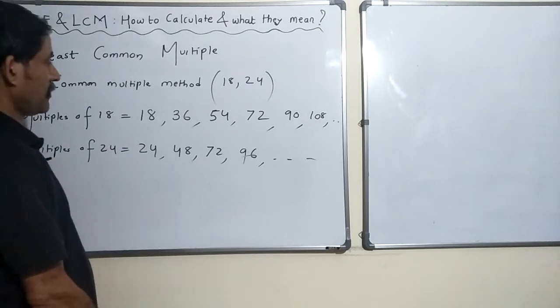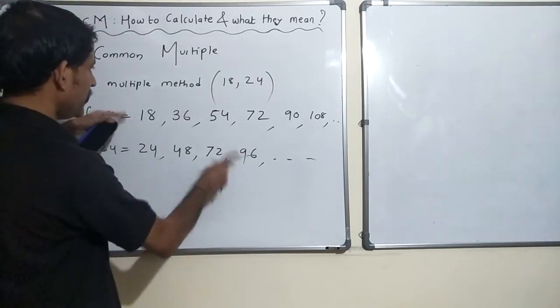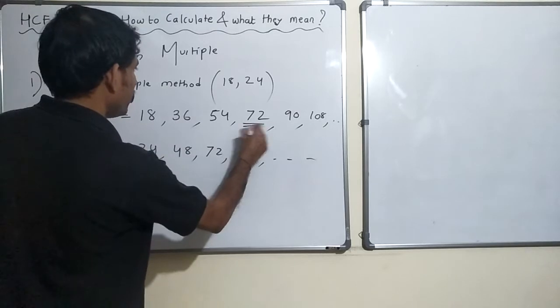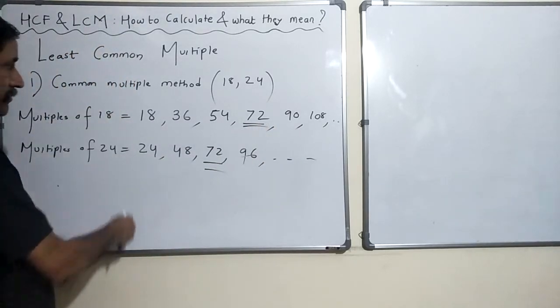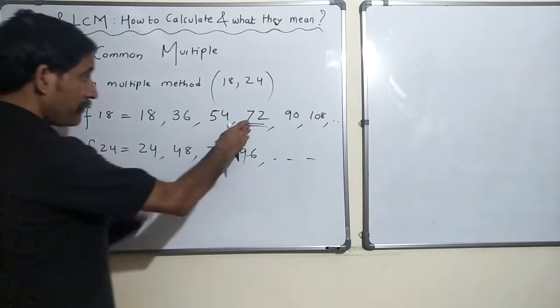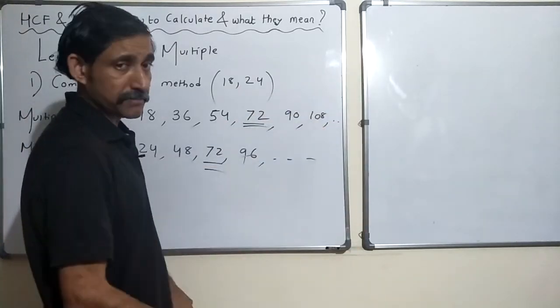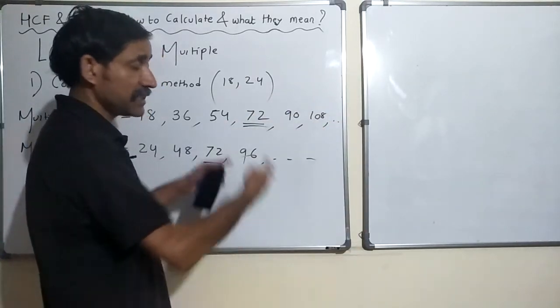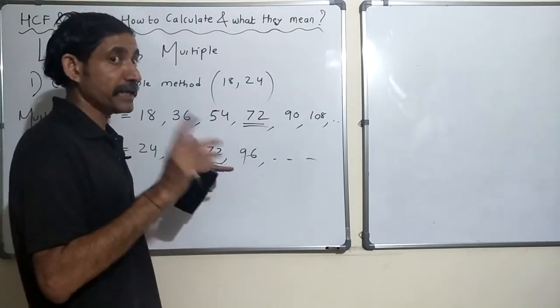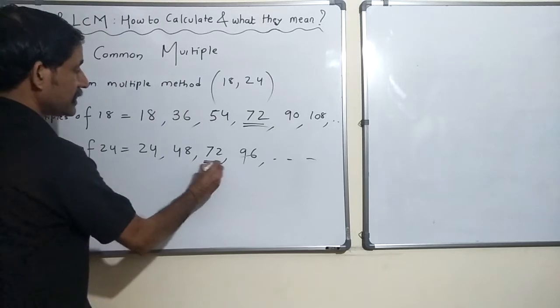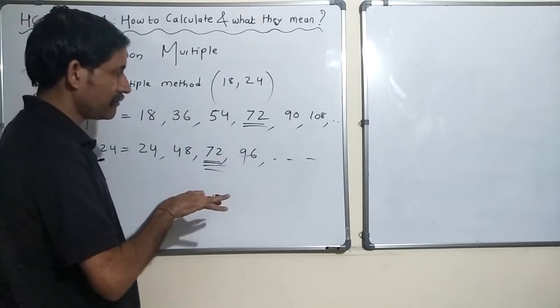Now you have to find a common multiple of both these numbers which is the least. If you see, they both meet here, at 72. It's a common multiple of both the numbers and it is the least, beyond which they will meet multiple times, infinitely many times. But we want to find out where they meet first. This is where they meet first and is the least multiple.